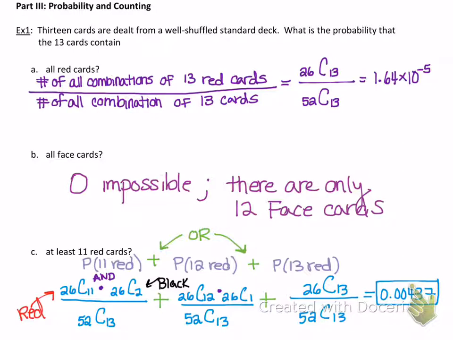Now, something to look for that you have to make sure of. Down here at the bottom, you always want 13 because the very beginning of this problem said you're going to choose 13 out of the 52. Well, in each category I have in the numerator, I have red and I have black cards.